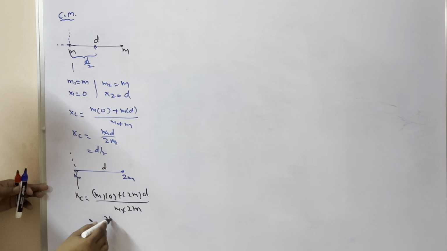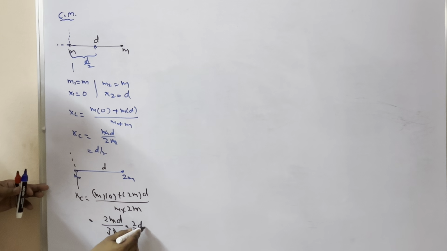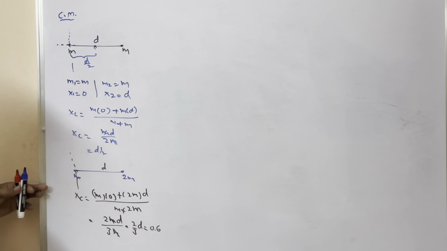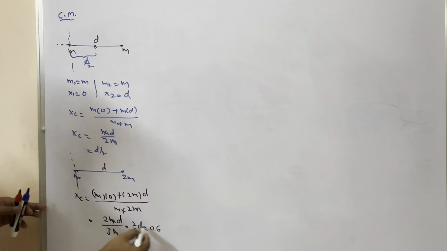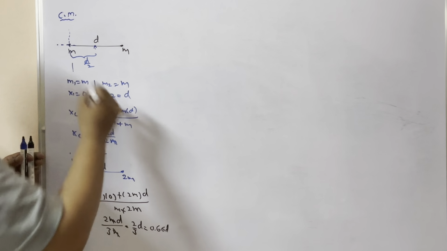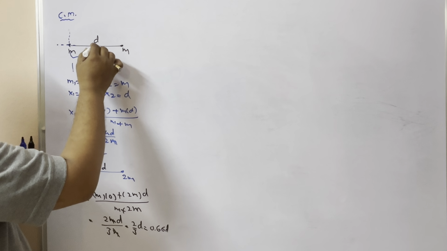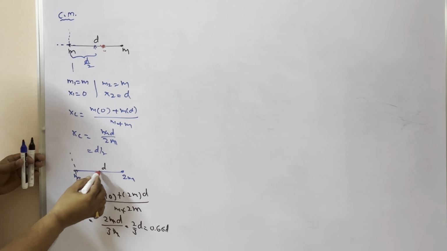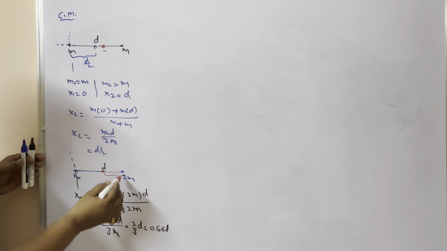What do you get? 2md by 3m, so 2 by 3 d. 2 by 3 means 0.66. 0.5 means exactly the middle, and 0.66 means it will be nearer to 2m.